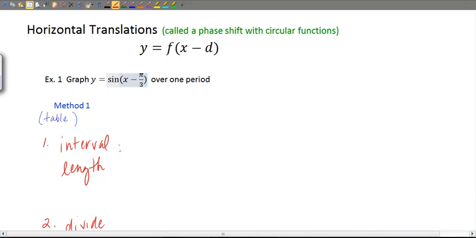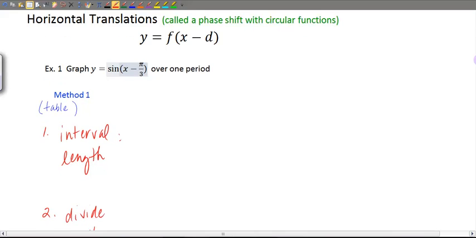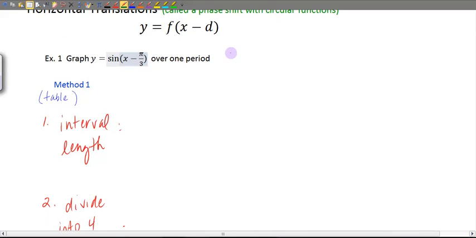When we look at this function, we initially need to determine the length of my interval, in other words, the period for sine. The period for sine is between 0 and 2 pi, so a normal sine picture occurs between 0 and 2 pi.